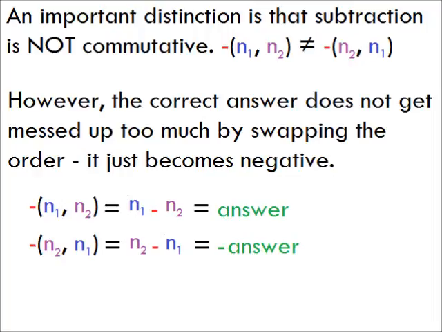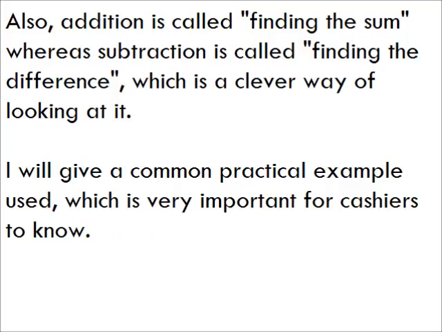Whereas the minus function of n2, n1 is n2 minus n1, which is minus answer, or the negative version of the answer. Also, addition is given the name finding the sum, whereas subtraction is called finding the difference, which is a clever way of looking at it.